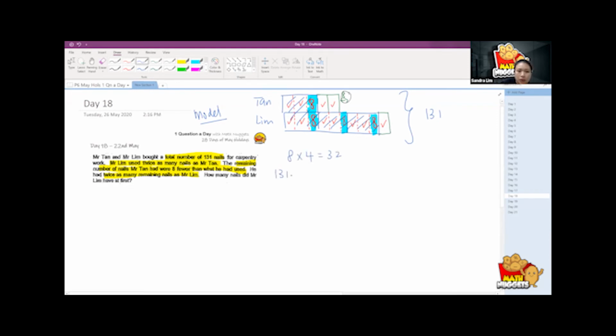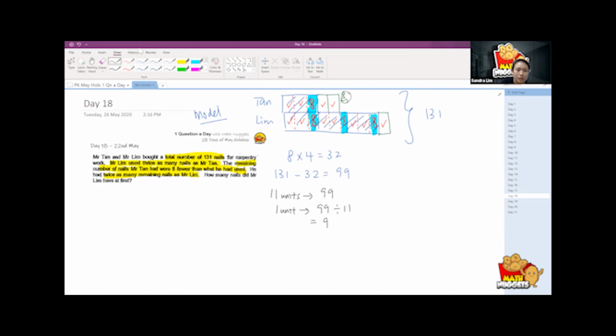I'm going to take the total, 131 minus 32. I get 99. Now 99 is how many units? 4 for Tan, 4, 5, 6, 7, 8, 9, 10, 11. So 11 units make up the 99. Okay, so then you get 1 unit, which is 99 divided by 11, which is 9.